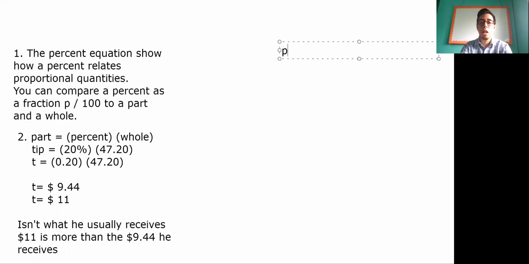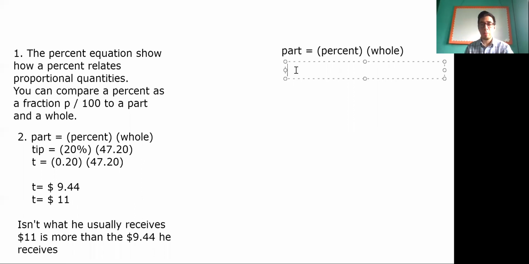So the equation again: part equals the percent multiplied by the whole, okay? Now on example 3, again, you copy the formula, part equals percent multiplied by the whole, and I'm going to solve the exercise with you.